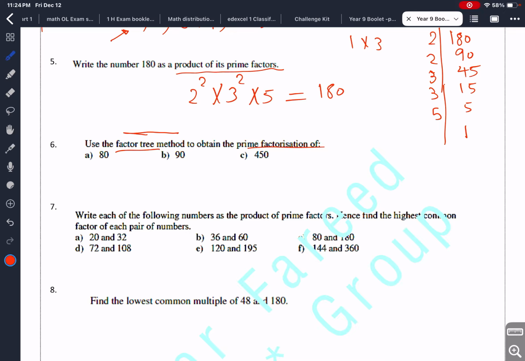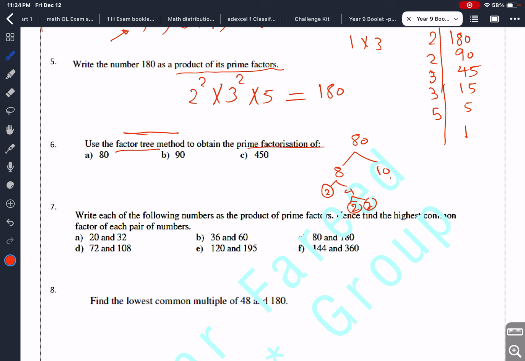For 80, I know that it is 8 times 10. So 8, I'm going to factorize it into 2 times 4. 2 is a prime number, so I circle it. But 4 is not, so I'm going to factorize it into 2 times 2, and I circle them.